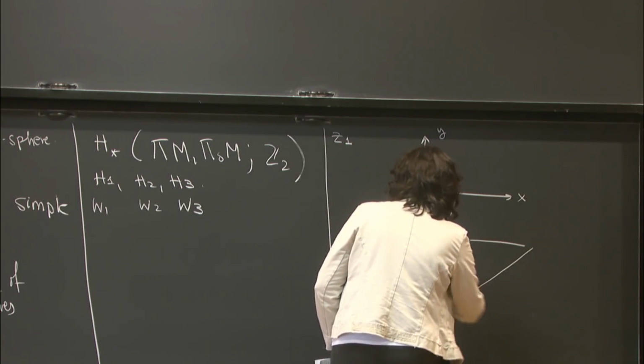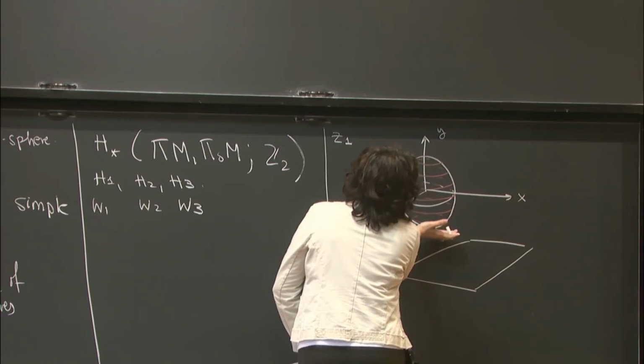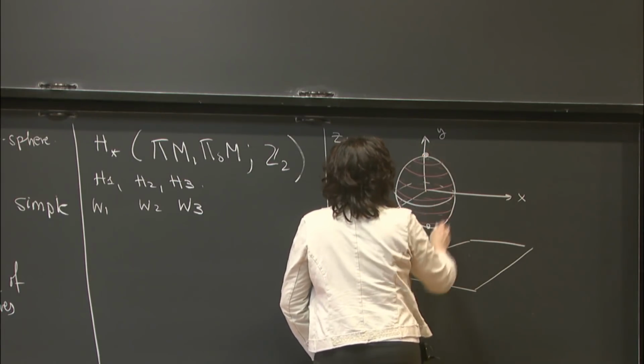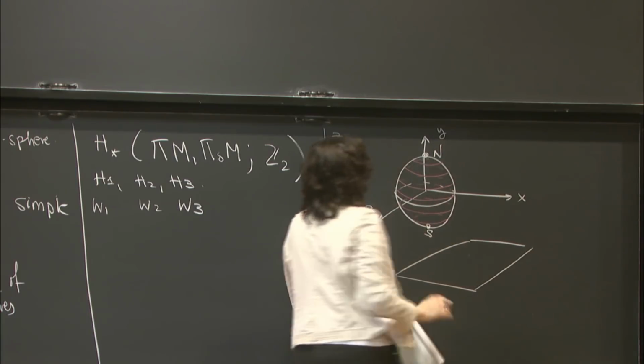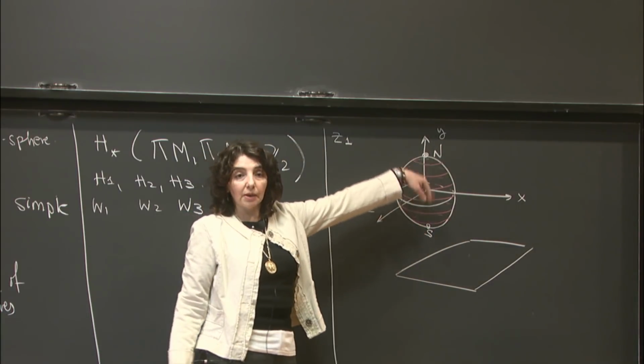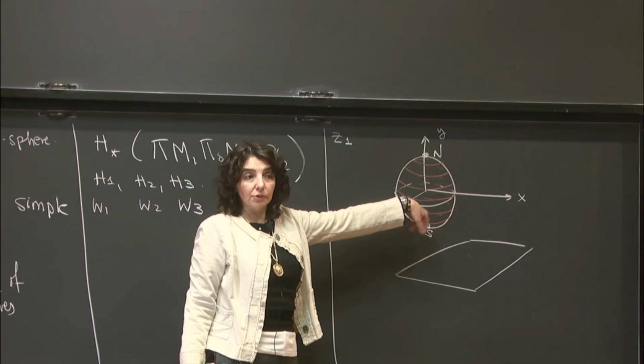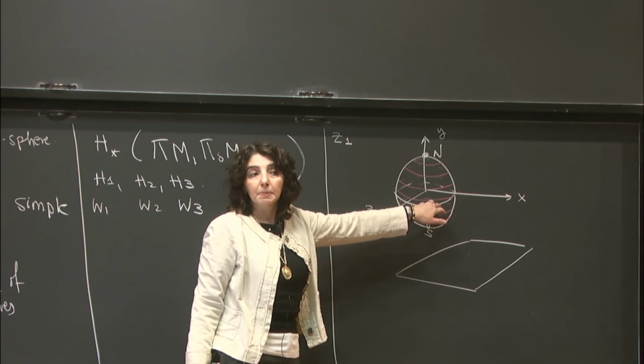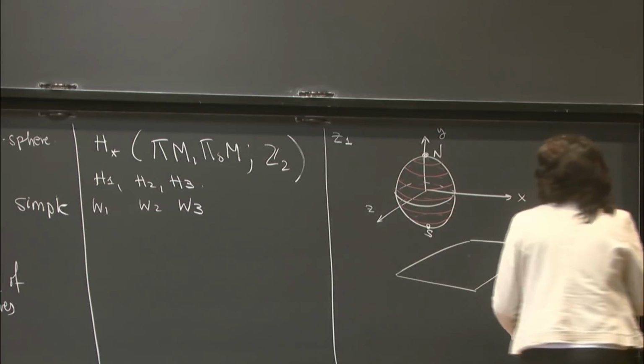I'm starting from the south pole, and via the parallels of the sphere, I'm moving up to the north pole. This is a relative cycle, okay? So that's the first representative. Does it make sense? Okay, so here is the second one.